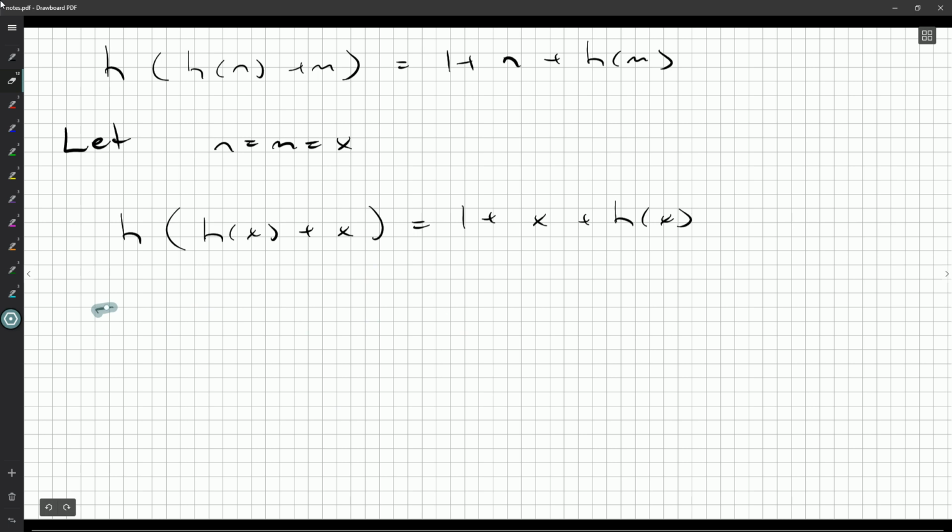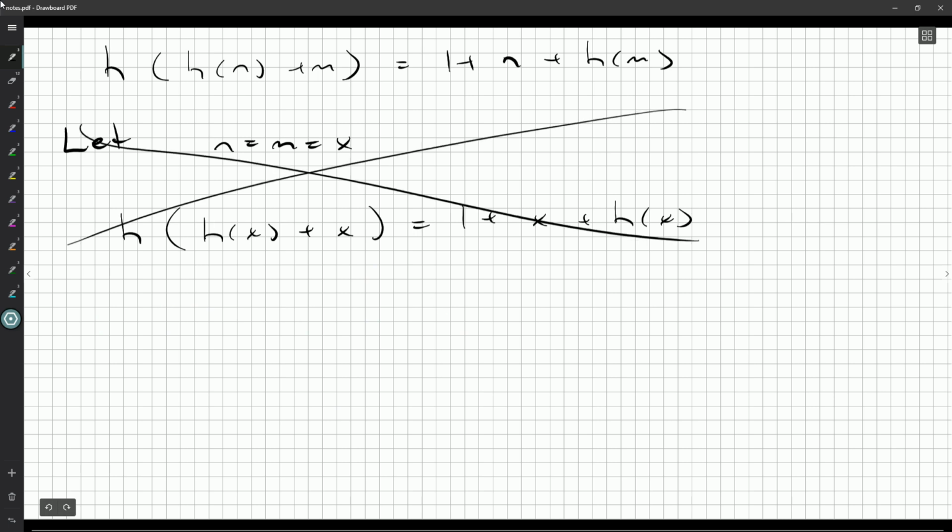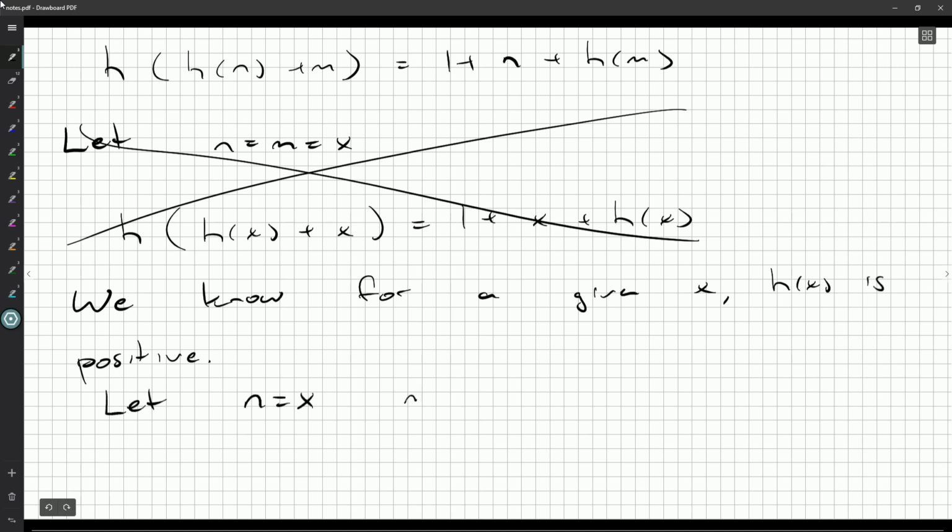Is there another way to get a better handle on this? Well, we don't necessarily want to do that. I don't think that's going to help us right now. We could say something like, we know for a given x, h of x is positive. So we could try and say something like, maybe let n be x and maybe m be h of x.